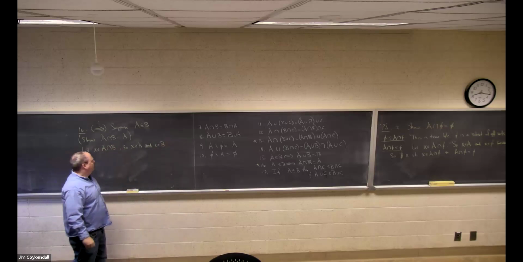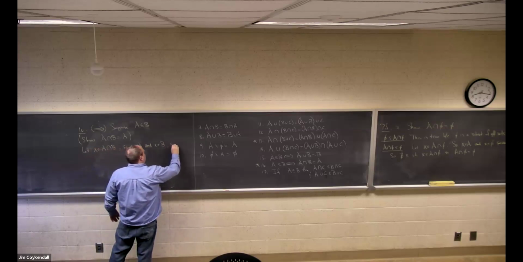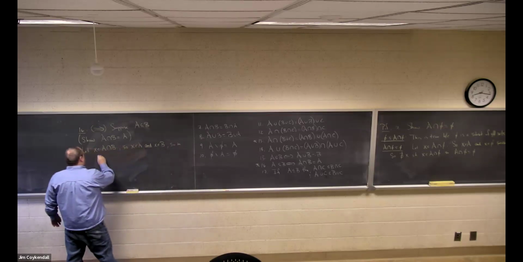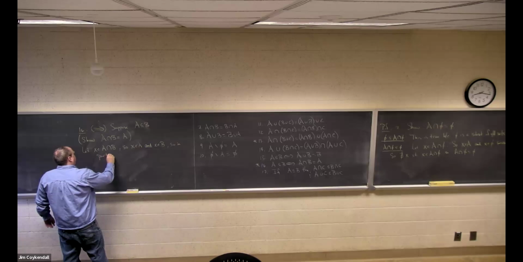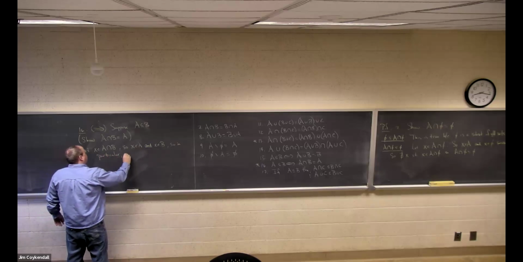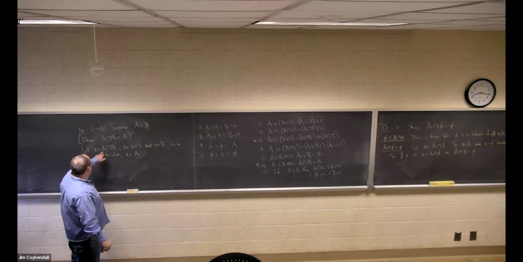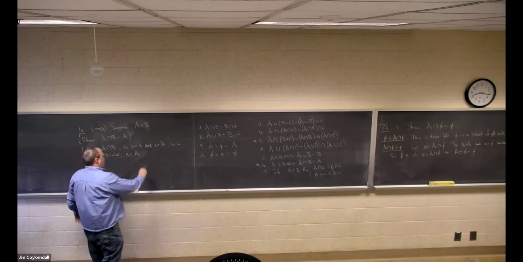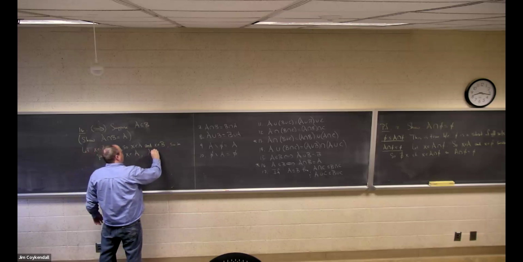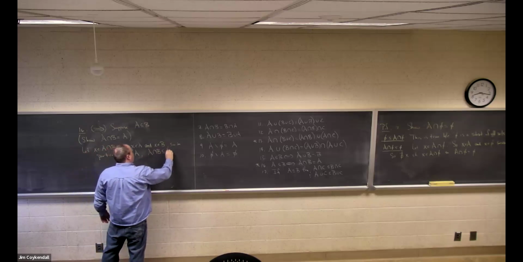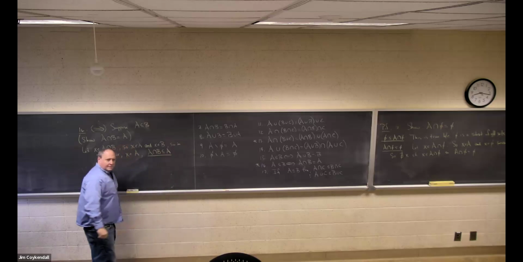So in particular, X is in A. So if you live here, you have to live here. So what I've shown here is A intersect B is contained in A.